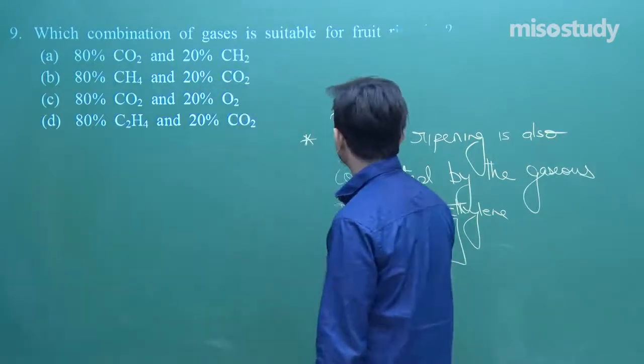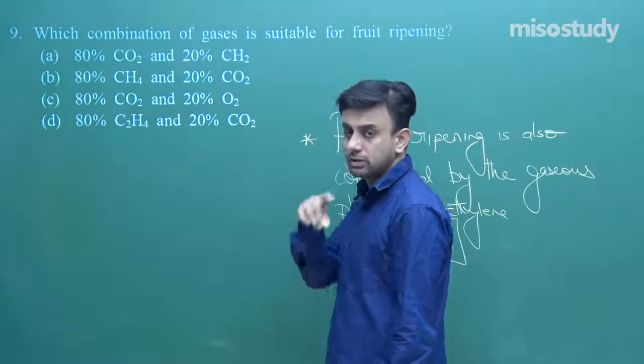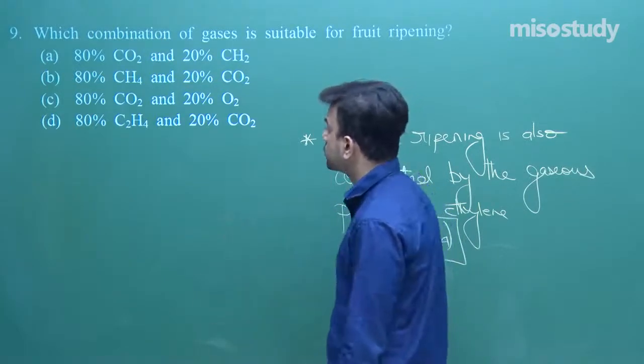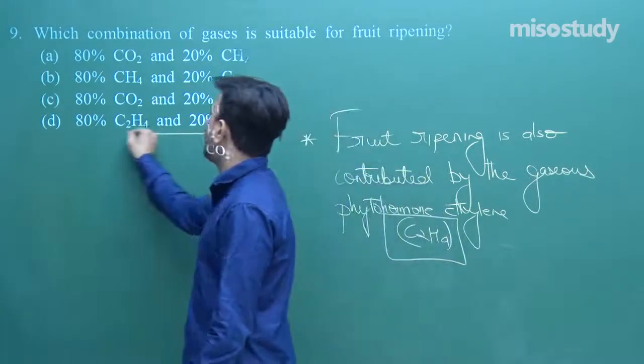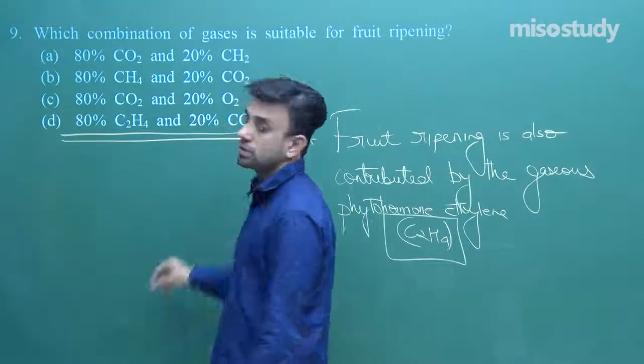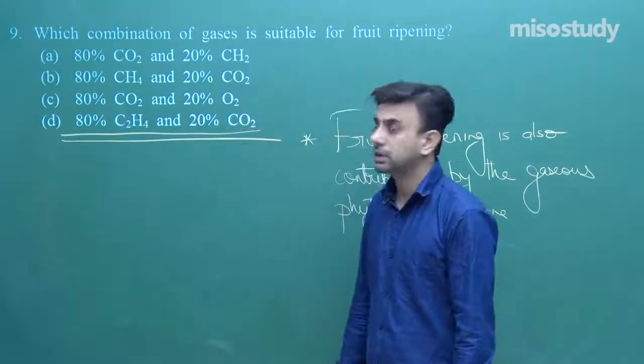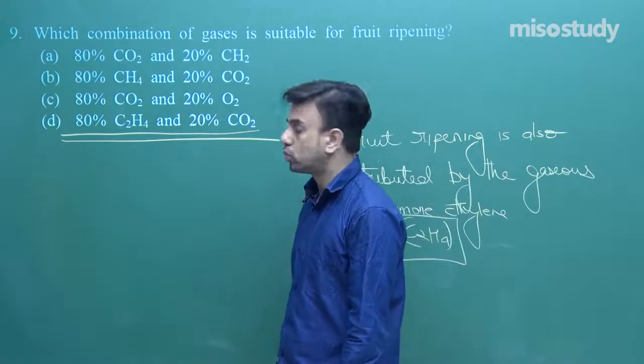Which combination of gas is suitable for fruit ripening? Here we can see that only one option, 80% C2H4 and 20% CO2, will help in fruit ripening.